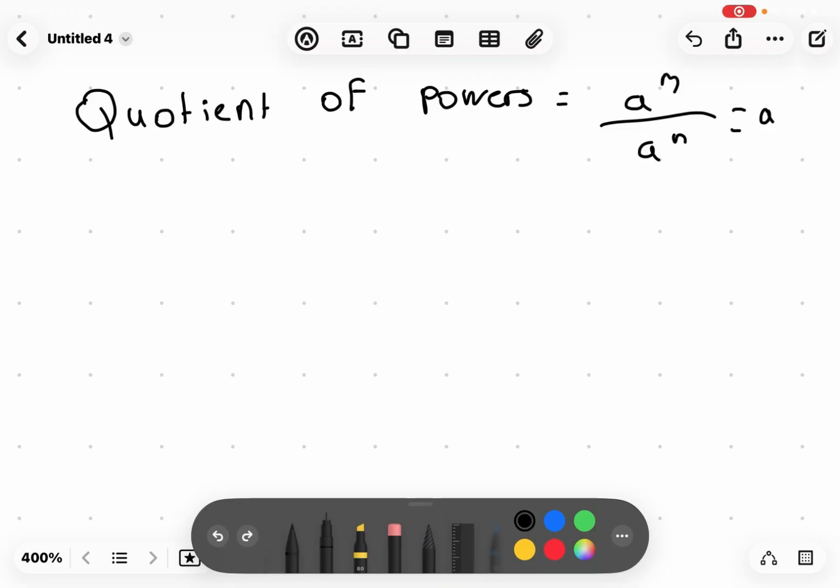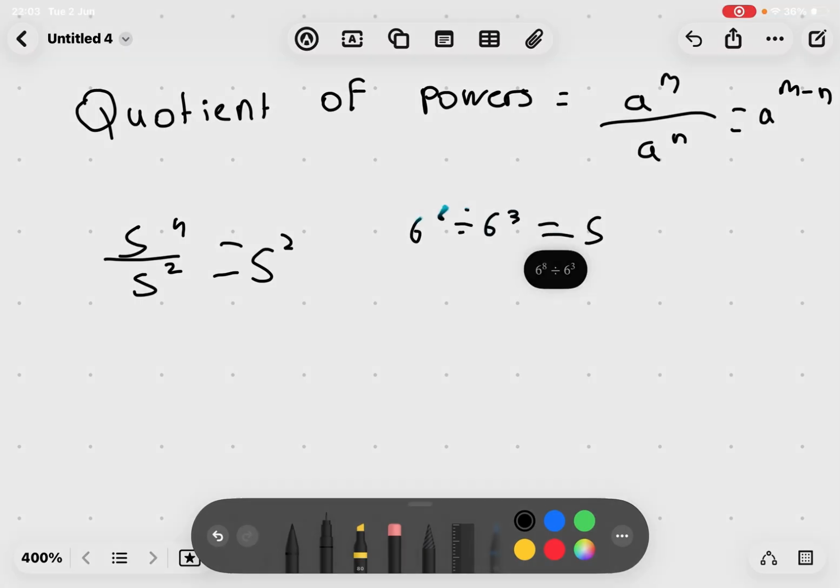Most of the rules are all about the same base. These exponents are subtracted from each other. So 4 take away 2 is going to be 2, and it doesn't matter if it's written like this or like this. It's the same thing.